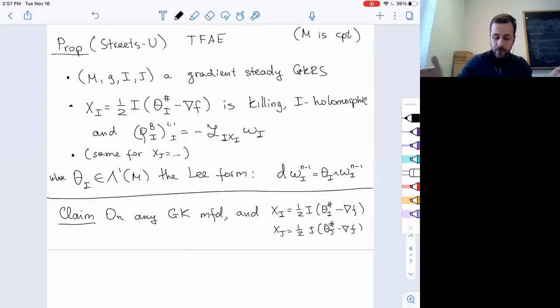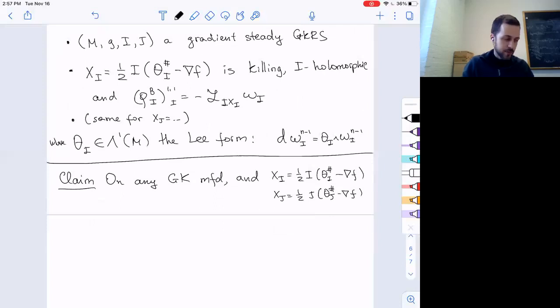So you just take this vector field. Since it's any generalized Kähler structure, they don't have to be Killing, they don't have to be holomorphic, they're just vector fields.